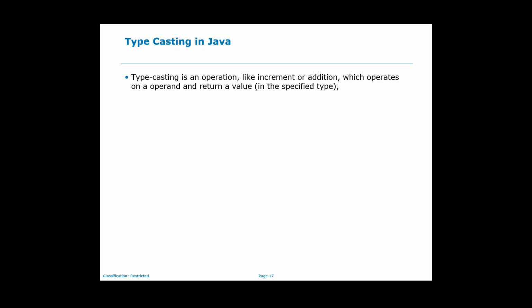But what happens if I want to store 6.5 into an integer? What is going to happen at that point of time? Is it possible to store 6.5 into an integer variable? No, actually it's not at all possible, because 6.5 is not a valid integer value.